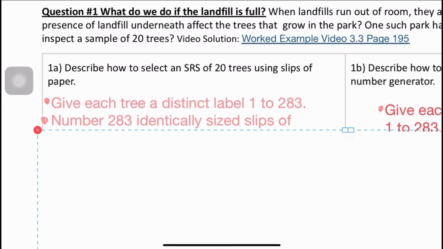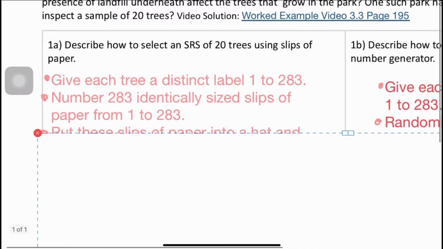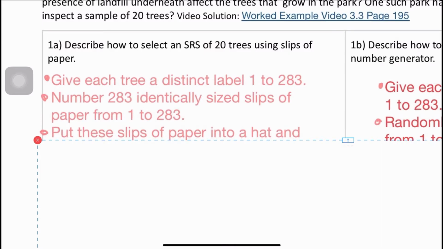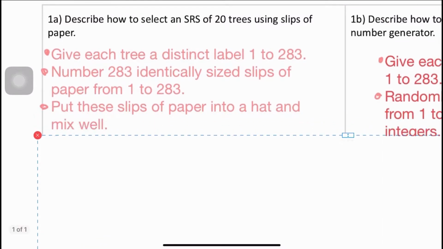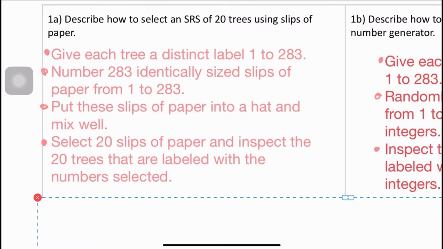Next, you're going to label 283 identically sized slips of paper from 1 to 283. Then, you will put these slips of paper into a hat and mix well. From there, you will select 20 slips of paper and inspect the 20 trees that are labeled with the numbers selected.